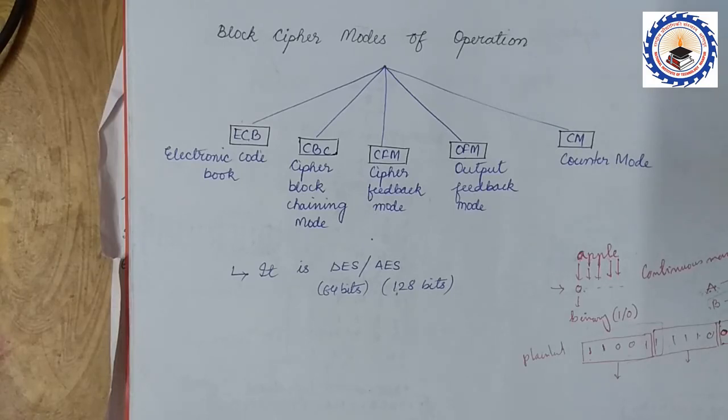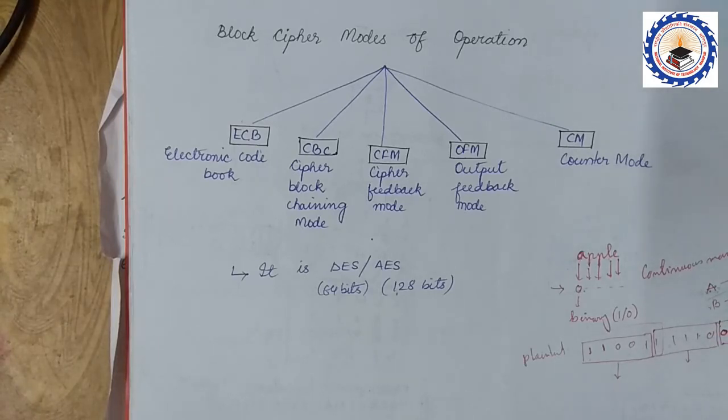That remains the same for CBC mode, ECB mode, CTR mode, and any other modes. The difference is how they operate on each and every block after that. We'll see them one by one, how the different modes actually work.